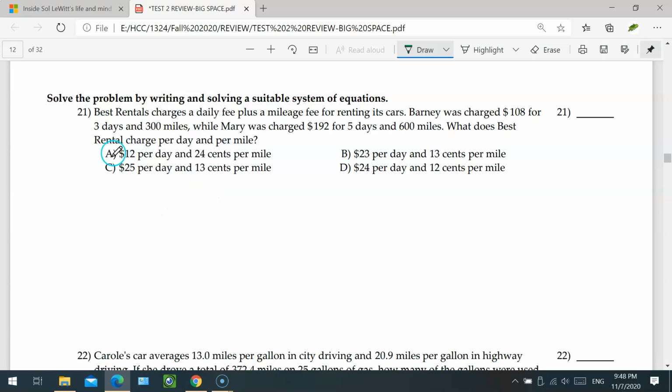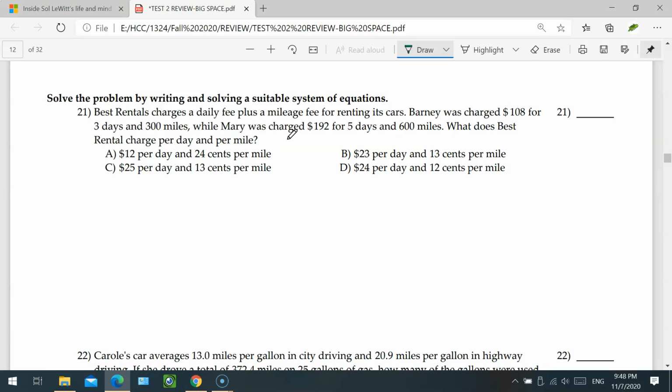Number 21. Best Rental charges a daily fee plus a mileage fee for renting its cars. Barney was charged $108 for 3 days and 300 miles, while Mary was charged $192 for 5 days and 600 miles.